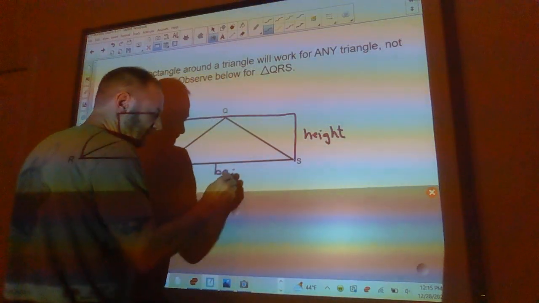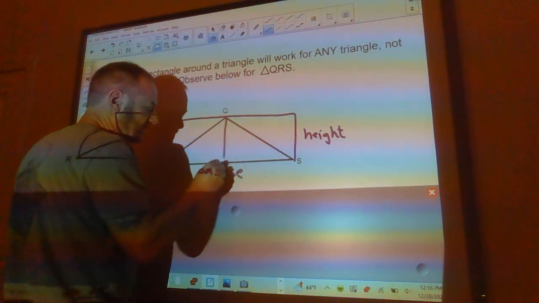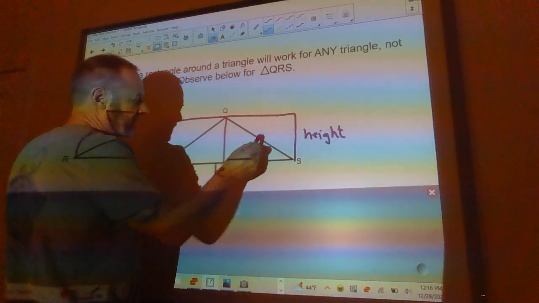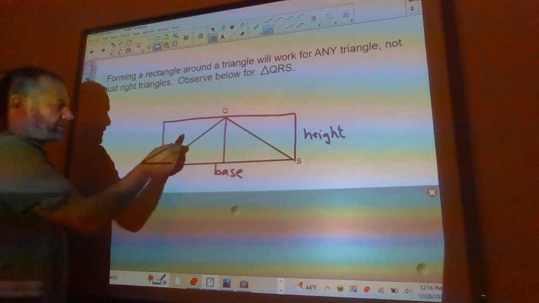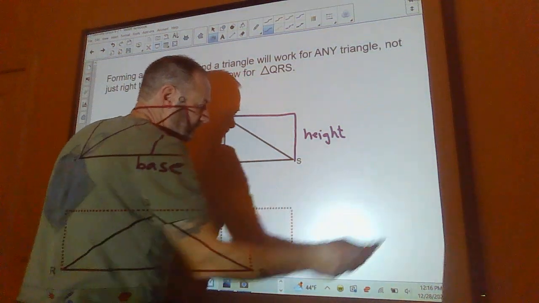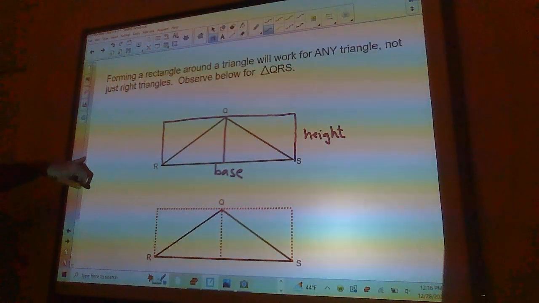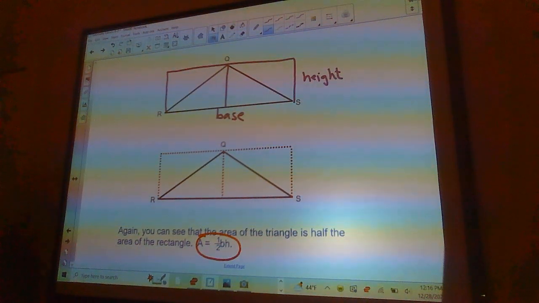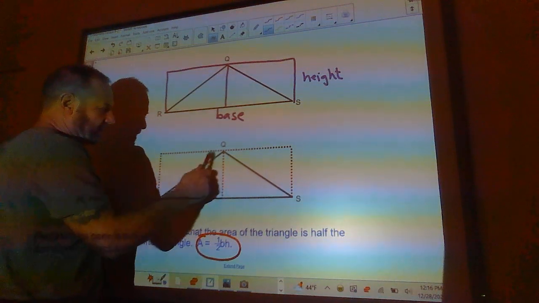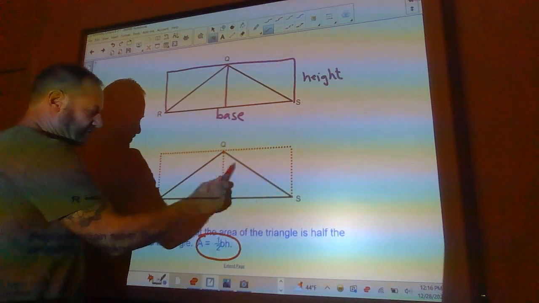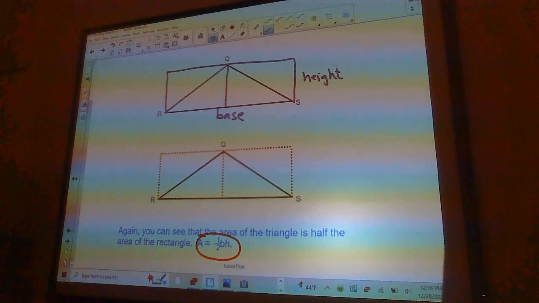Okay. And then if I do this, you can see, oh, this triangle and this triangle are identical, and this triangle and this triangle are identical. Okay, so that's what we got right here. So again, if I chop this part off and this part off, and I'm left with just this triangle right here, I again get half the base times the height.